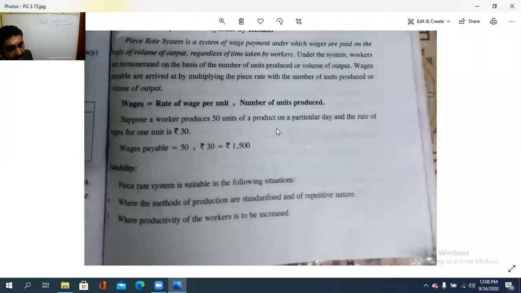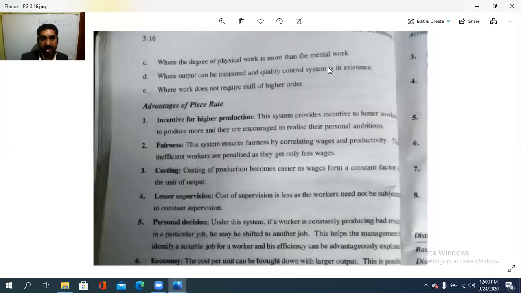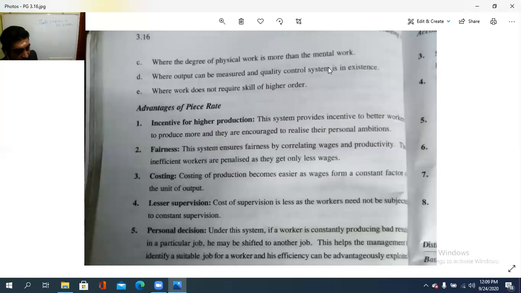Then suitability for this. In the case of time rate system also, we have some suitability conditions. Piece rate system is suitable in the following situations: where methods of production are standardized and repetitive in nature, where the productivity of the workers is to be increased, and where the degree of physical work is more than the mental work.